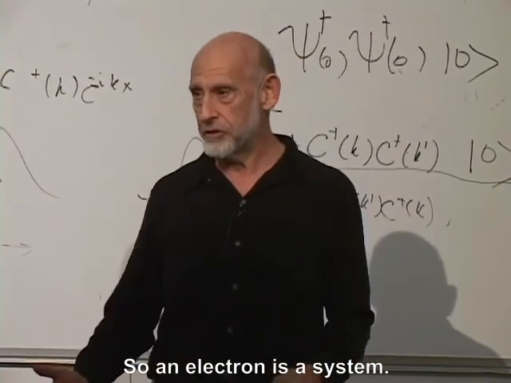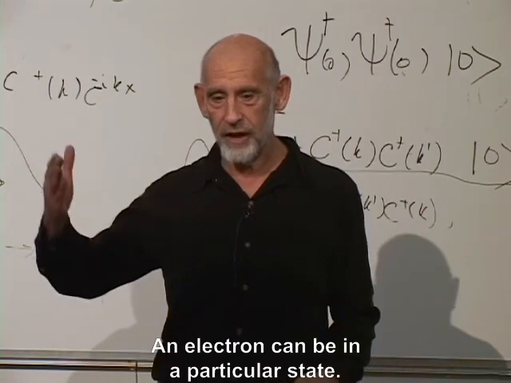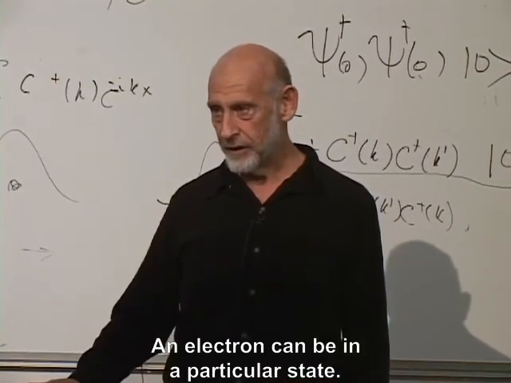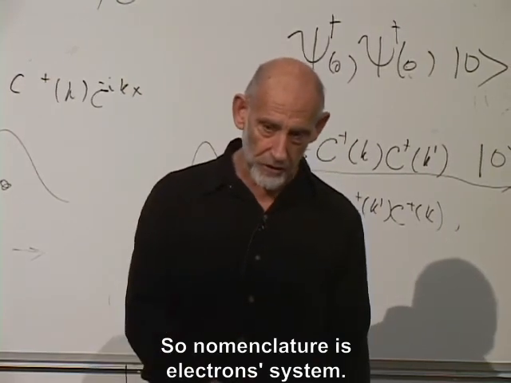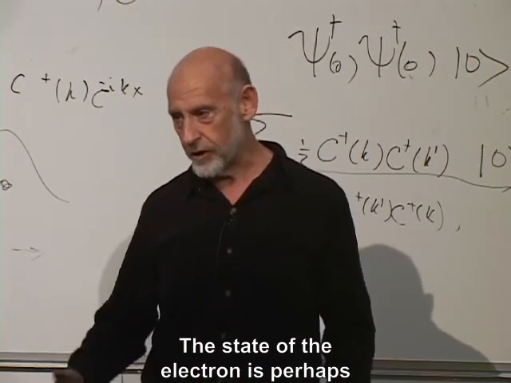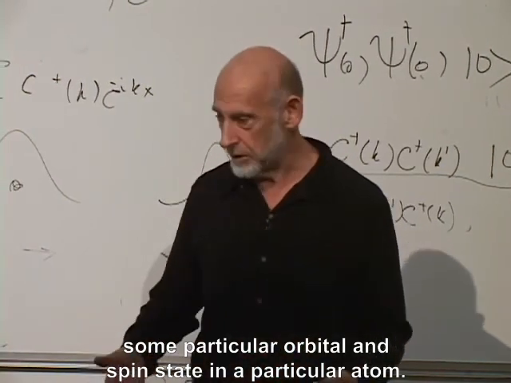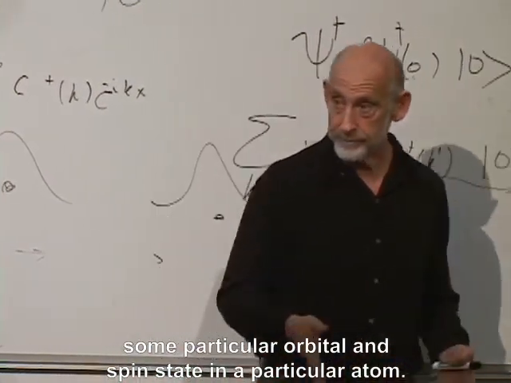So an electron is a system. An electron can be in a particular state. All right, so the nomenclature is the electron is a system. The state of the electron is perhaps some particular orbital and spin state in a particular atom.